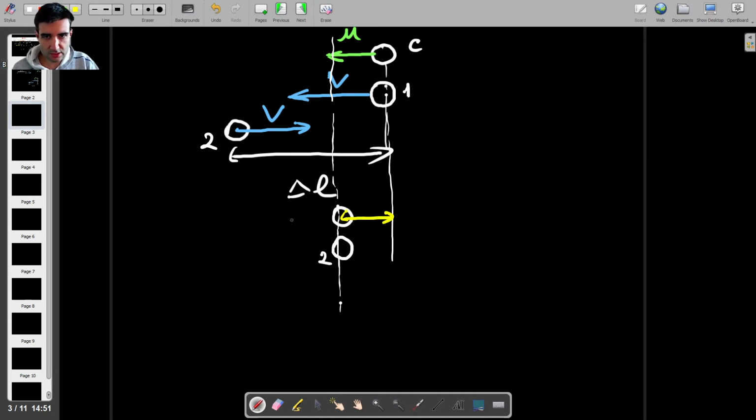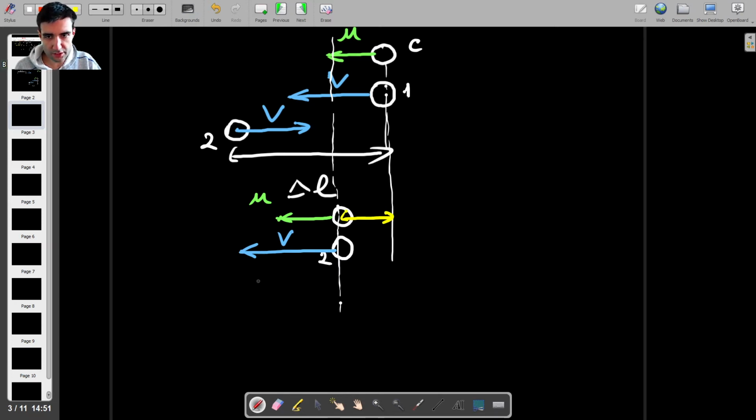Okay, so the coach has speed of u, and now in this moment, this other athlete starts traveling backwards with the same speed.